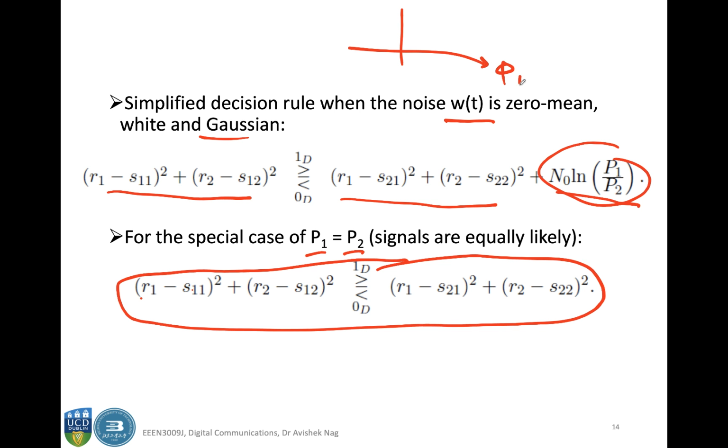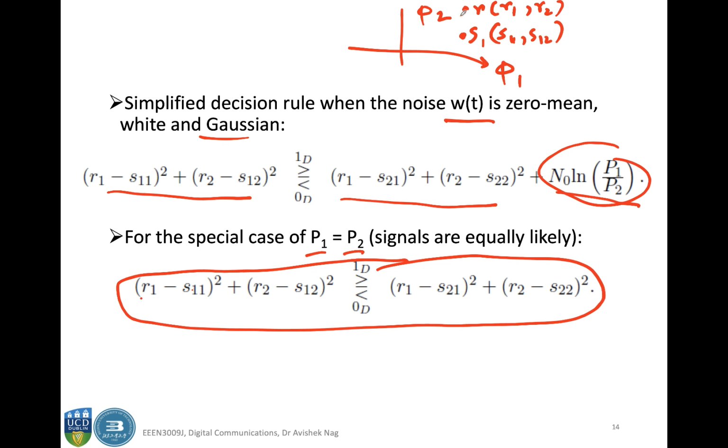So let's say this is your phi1, phi2 plane, and let's say this is your S1. Okay. So S1 has two coordinates, S11 and S12. Okay. And let's say this is your R. Okay. And R has two coordinates, R1 and R2. Okay.